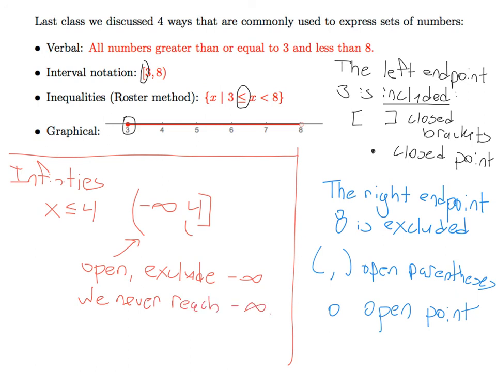And we do the same with positive infinity. For example, if I had x is bigger than 0, here I would go 0 up to infinity. We exclude the infinity in this case too. Now let's take a look at a couple of examples.